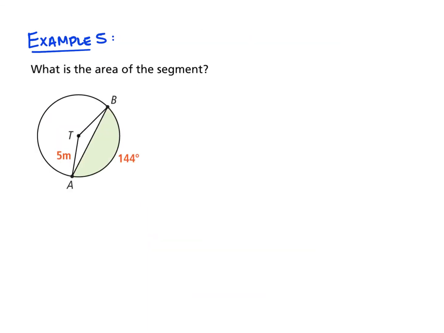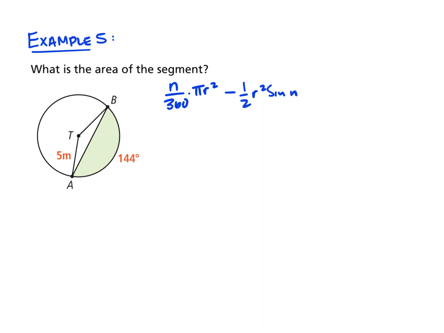So let's try that right now. We're going to find the area of that segment that's shown on this picture by taking n over 360 times pi r squared. That's going to be my sector area, and we're going to subtract 1/2 r squared sine n.